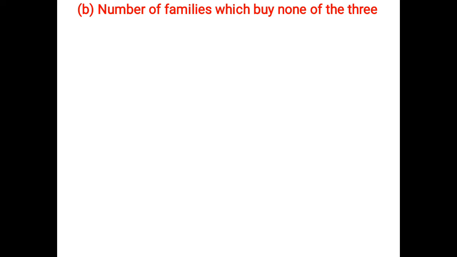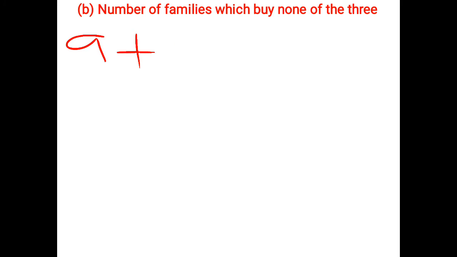So we are adding all of them. So A plus, you can refer to the Venn diagram, 300 plus 200 plus 200 plus 100 plus 500 plus 1,400 equals 10,000.